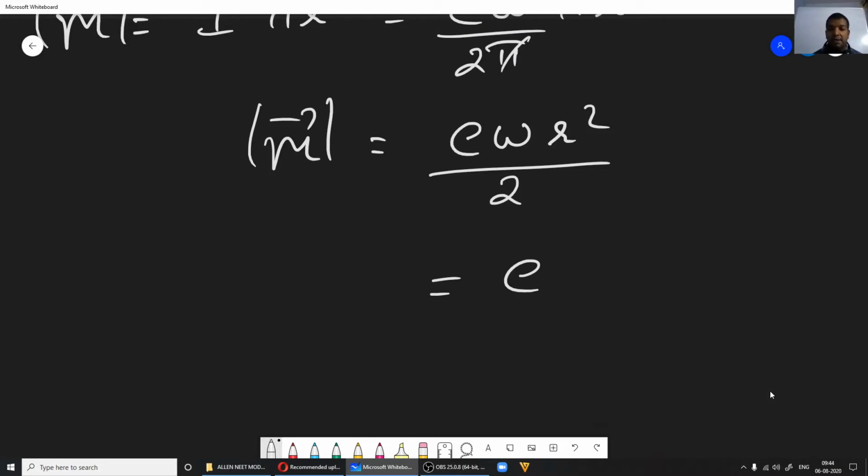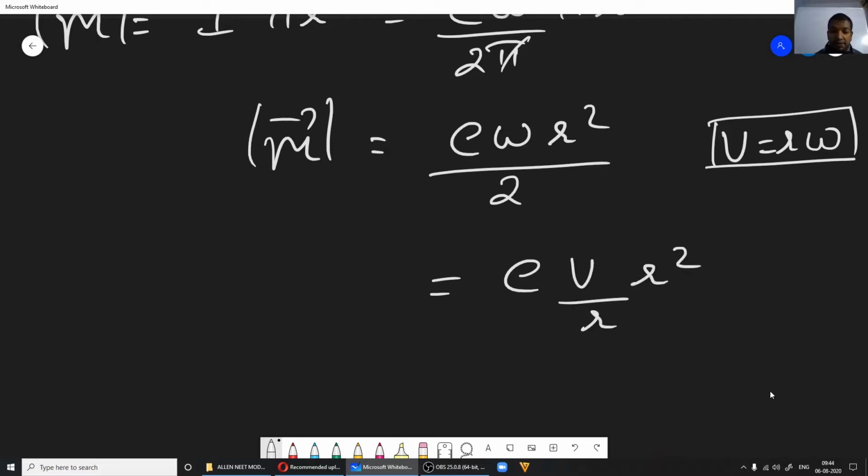For omega, you know v is equal to r omega, linear velocity is radius times angular velocity, so omega I can write as v by r. So e v by r, then r squared by 2. This you can also write as e v r by 2.